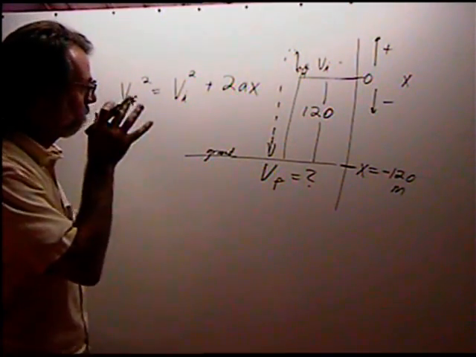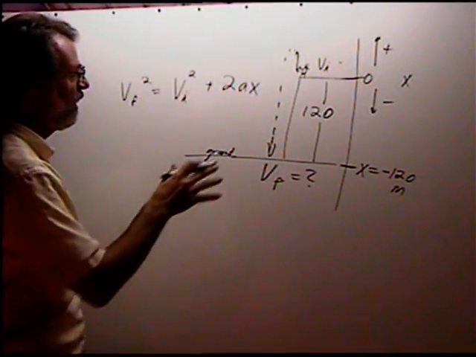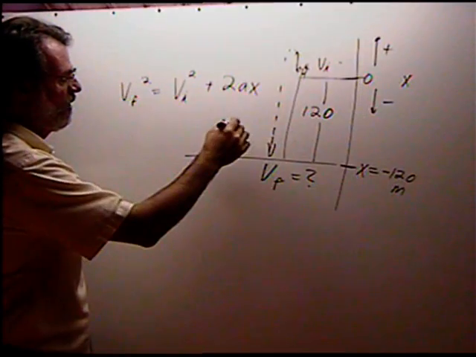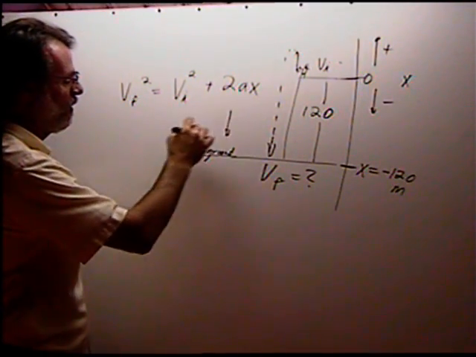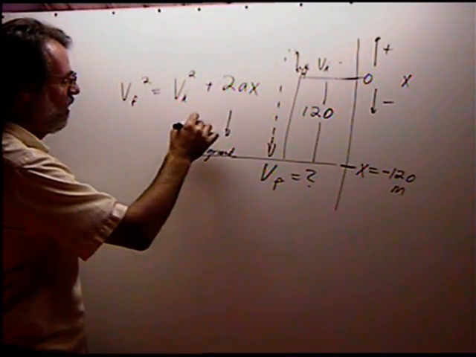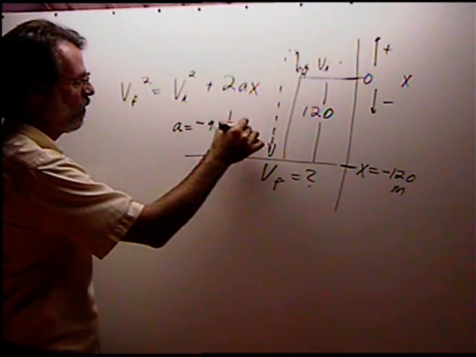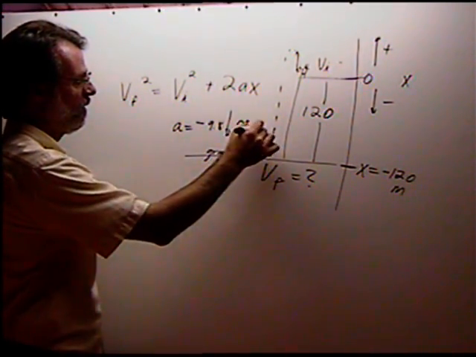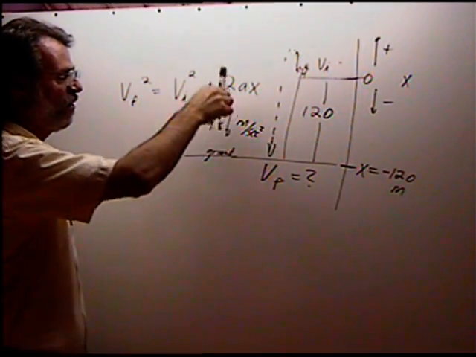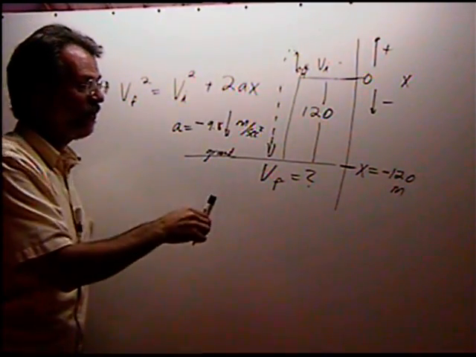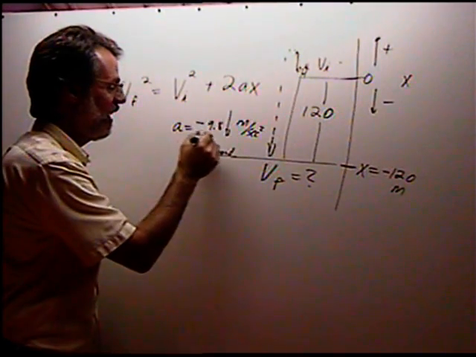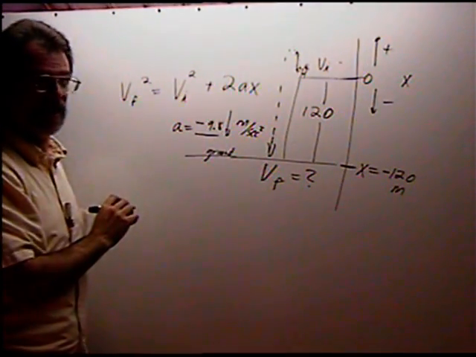Okay? So, now, which way is gravity acting? Gravity is acting down, so the acceleration is a minus 9.8 meters per second squared, because the acceleration is acting in the negative direction, so we give it a negative sign. Okay?